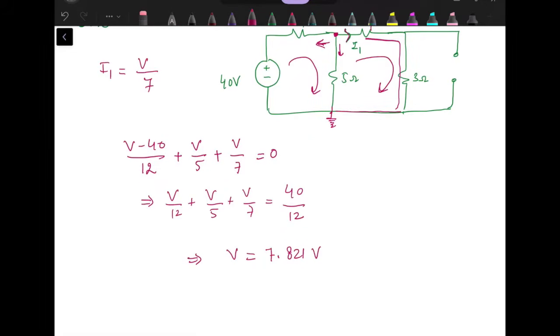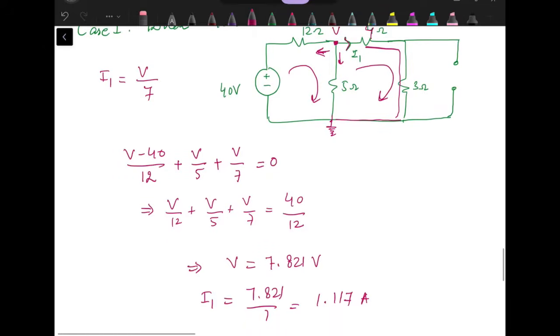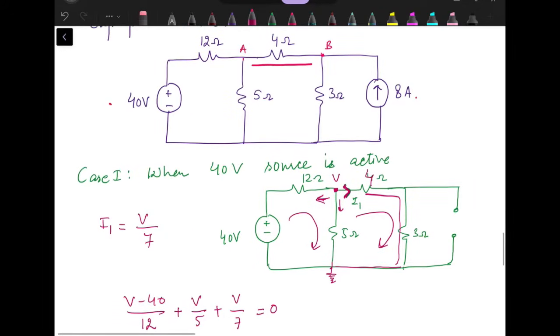When we use this value of V, then I1 is 7.821 by 7, that is 1.117 amperes, and it is flowing from A to B. This is what we had assumed. (V minus 0) by 7 means it is flowing away from this node, from A to B. This one is B and this one is A.